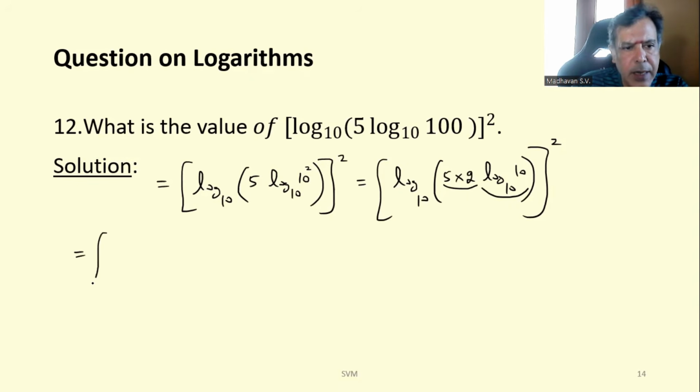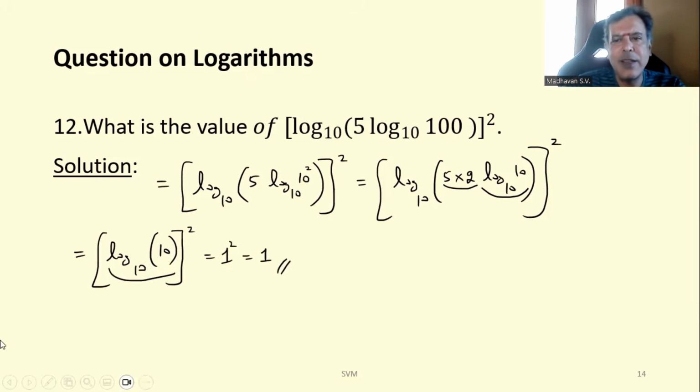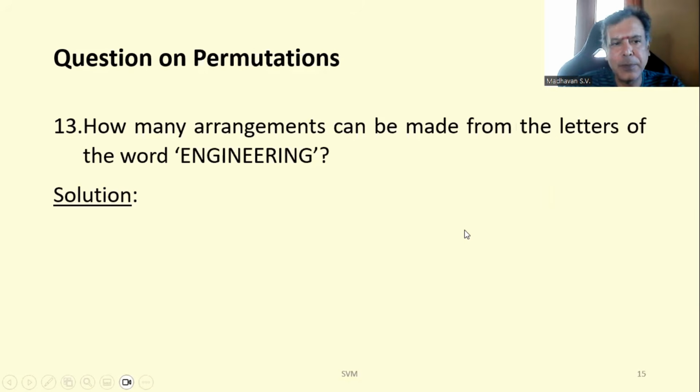So we can rewrite it as logarithm of 10 into 1, we ignore, and this was square. Again, this is 1. So you get 1 square, which is nothing but 1. So that is the result of this particular problem. Let us move on to the next.